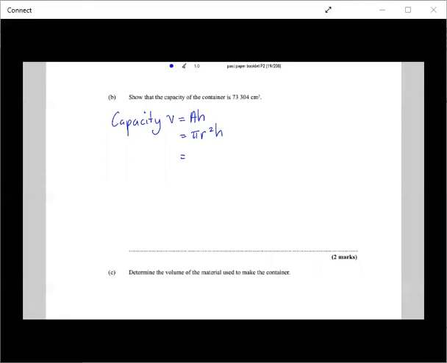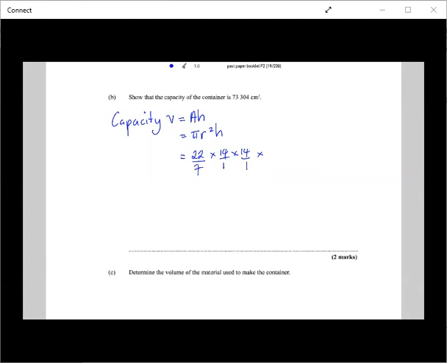Now, since I'm measuring capacity, which is the amount of space inside the container, the radius I must use is 14. So pi is 22 over 7 times 14 over 1 times 14 over 1 times the height. Who can tell me what is the height of the container that I should use to calculate the capacity of the container? Anybody?